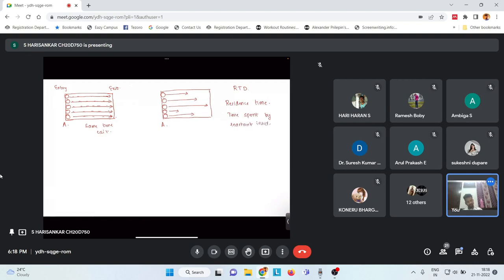Simply put, that is what we mean by residence time. The distribution of this residence time for different molecules is what is known as residence time distribution. So residence time distribution is the distribution of residence times.